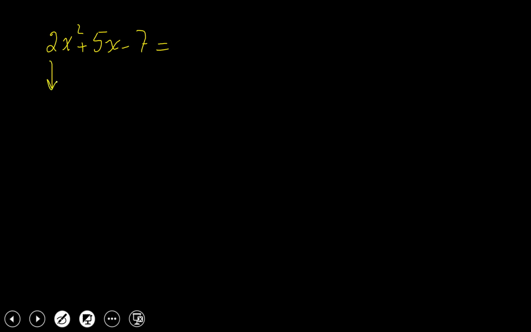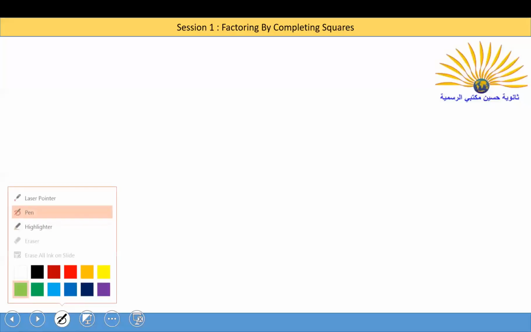We do not accept any number other than 1. For this reason, before doing anything, we take this coefficient of x squared as a common factor. You put 2 outside and you open brackets.